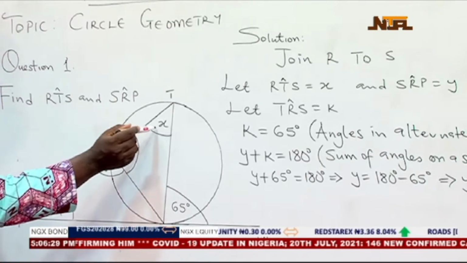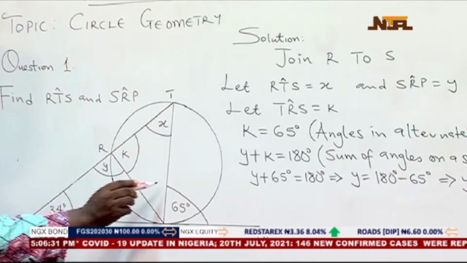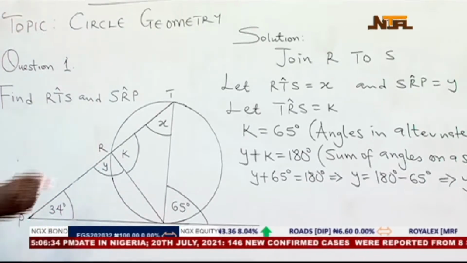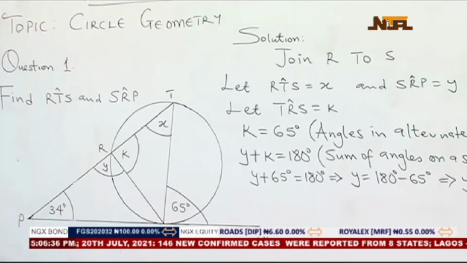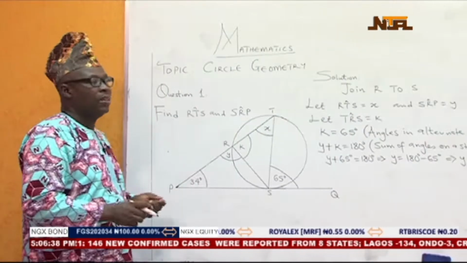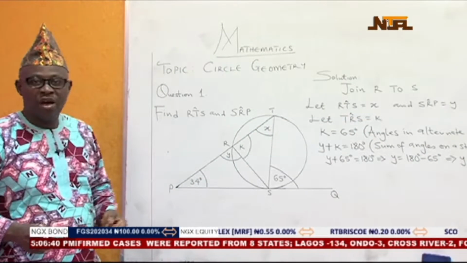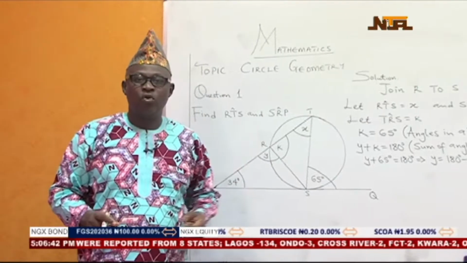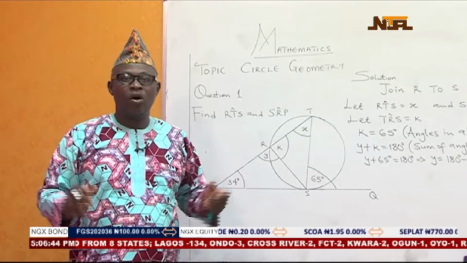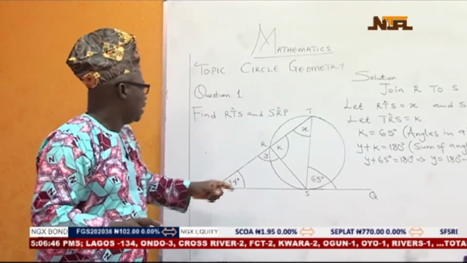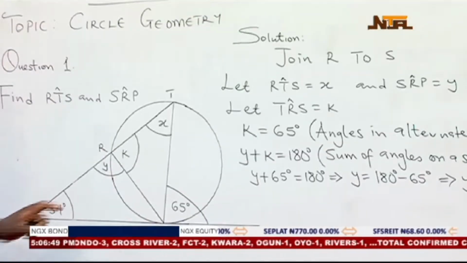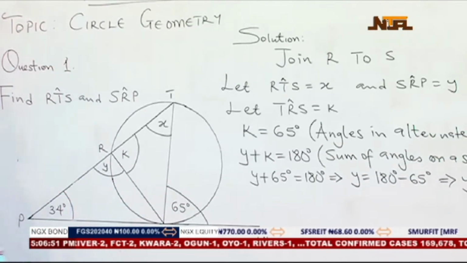The property I'm using is that the exterior angle of a triangle is equal to the sum of the two interior opposite angles.